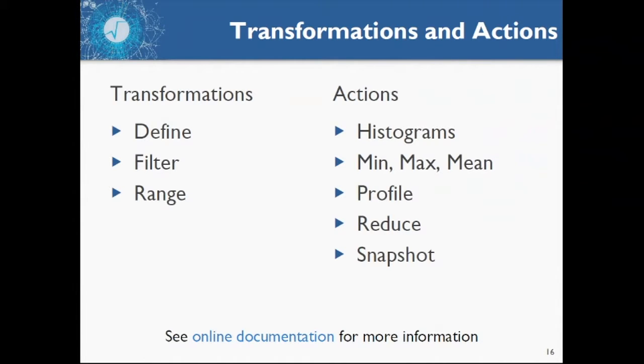And then you have the actions: histograms, min, max, mean, profile, reduce with a user-defined function, and the snapshot. I recommend anyone interested to look at the online documentation. Everything is in there on the ROOT website.